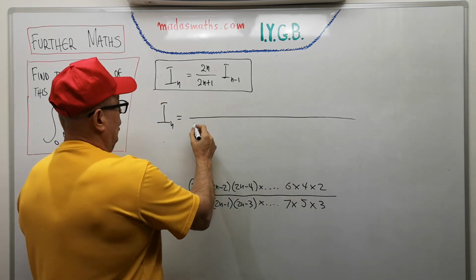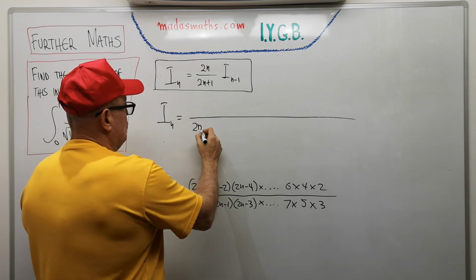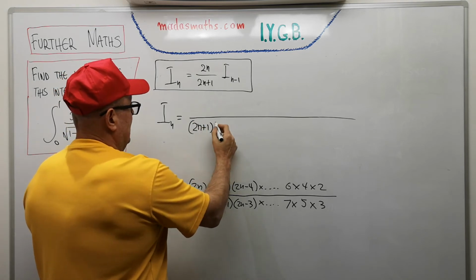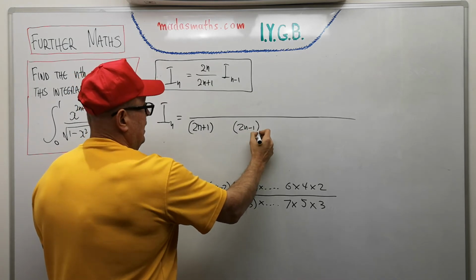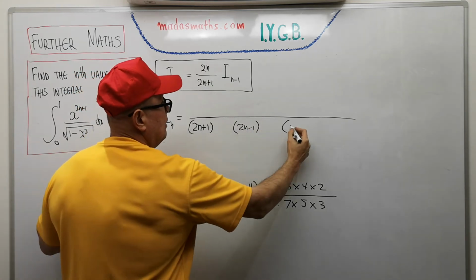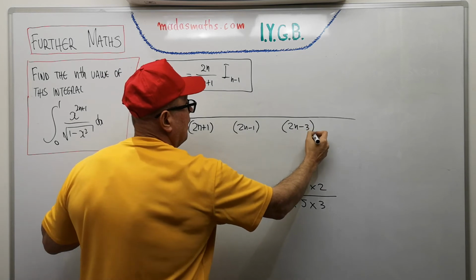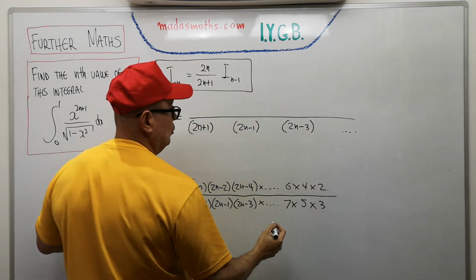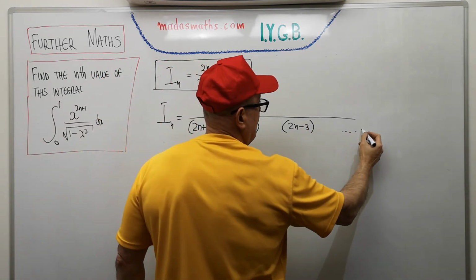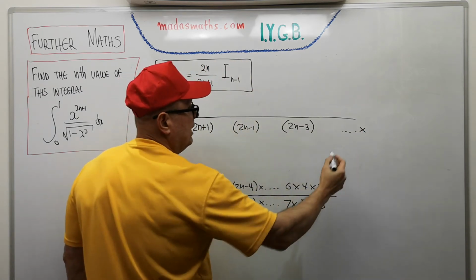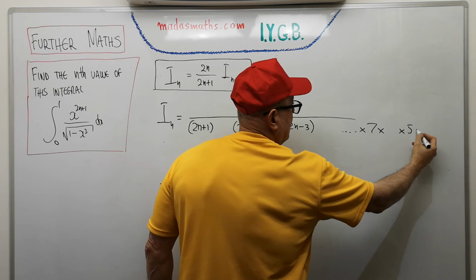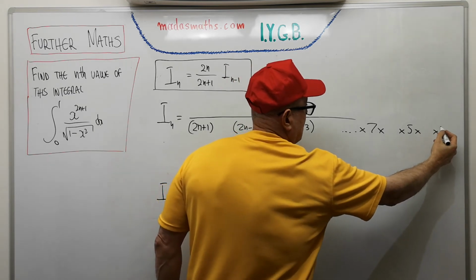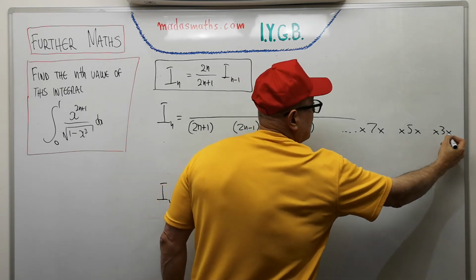I can start with 2n plus 1, leave a gap, 2n minus 1, leave a gap, 2n minus 3, leave a gap, dot dot dot, and then 7 times gap times 5 times gap times 3 times whatever.